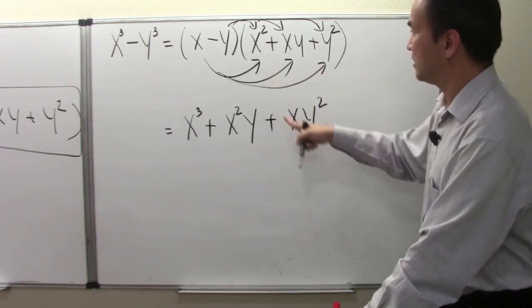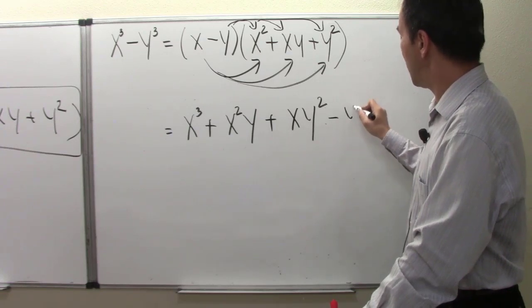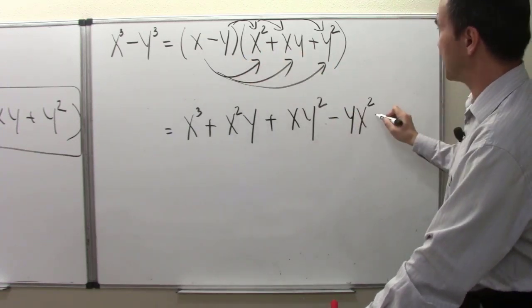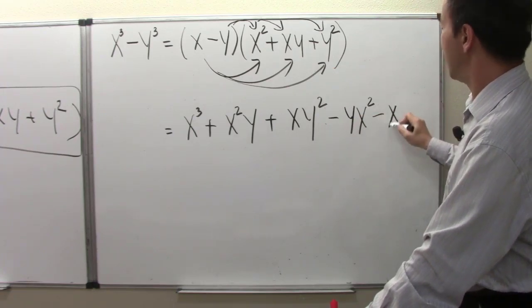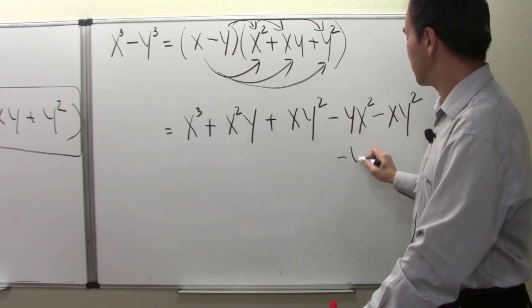And then minus y times x squared gives me minus y x squared. Minus y times xy gives me minus x y squared. And minus y times y squared gives me minus y cubed.